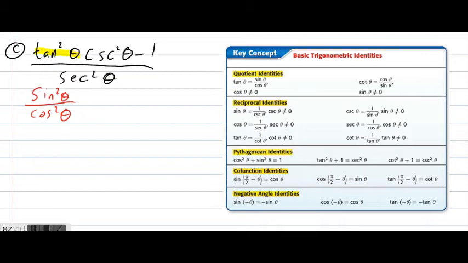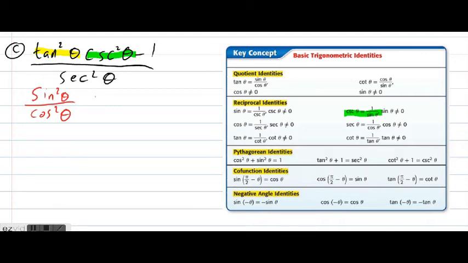And then I looked at cosecant squared of theta, and cosecant is 1 over sine. That got me thinking that maybe something can happen here.